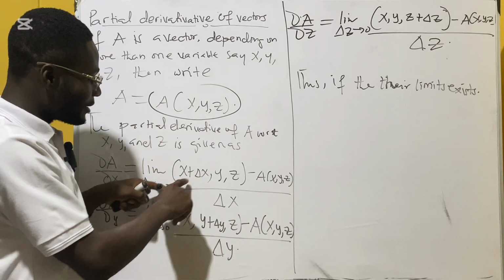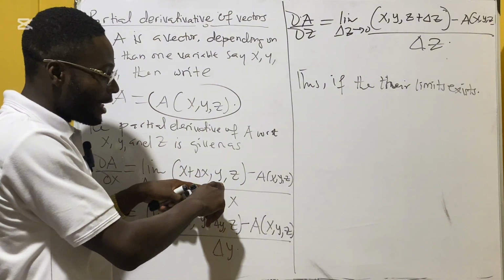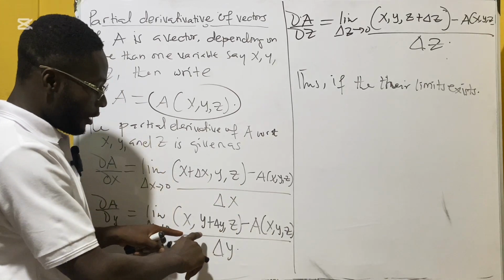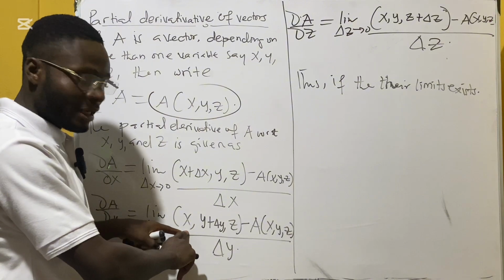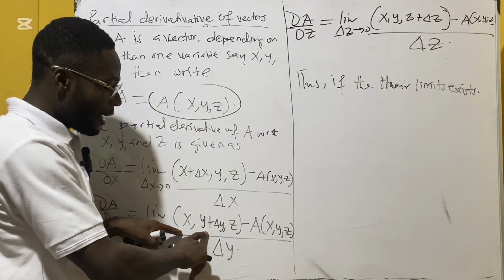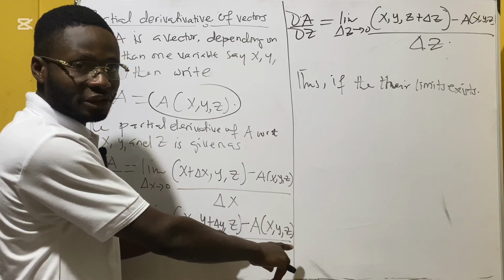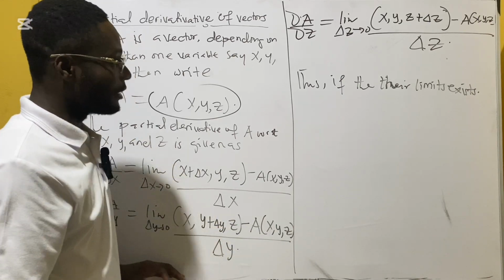With respect to x, it is x plus change in x, then you maintain y and z. With respect to y, you maintain x, then y plus change in y, then maintain z, minus the function a.